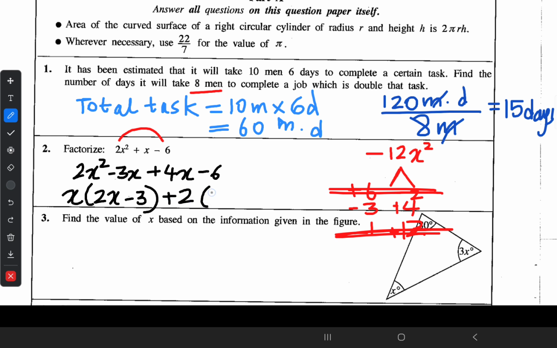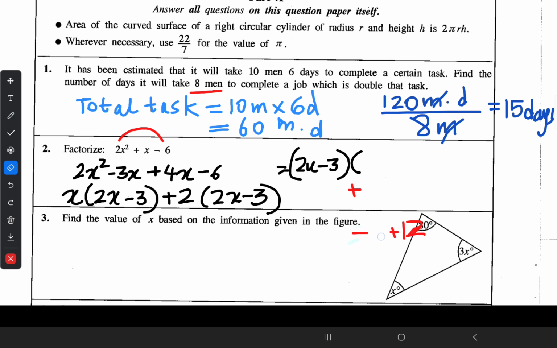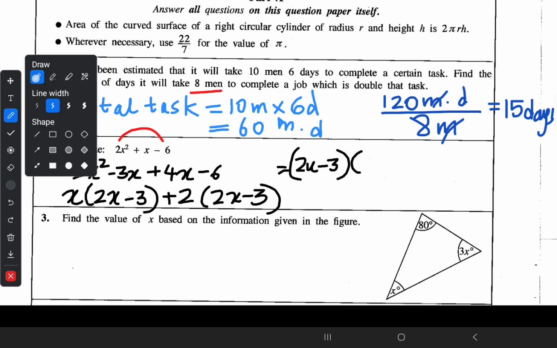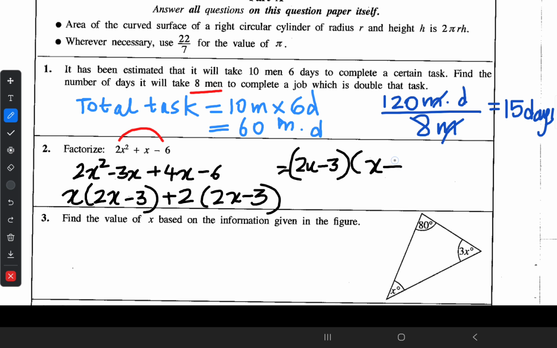Thereafter, inside the bracket, we will have 2x, 4x divided by 2, and negative 6 divided by 2, it would be negative 3. Finally, both factors have 2x minus 3. So I will write that one, 2x minus 3. Thereafter, the coefficients of x and plus 2 would be the next binomial factor, x plus 2.